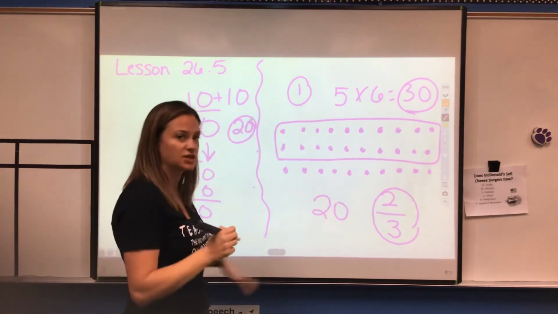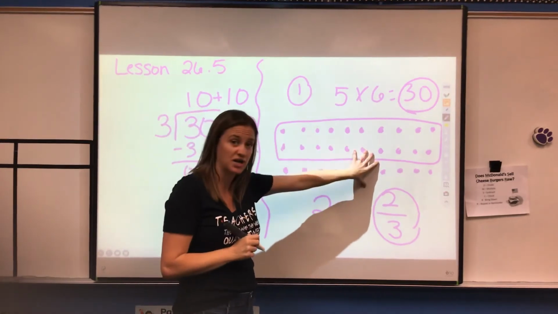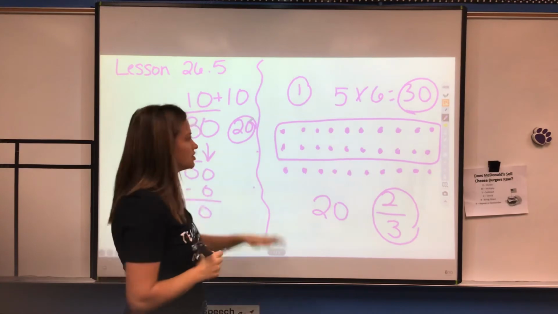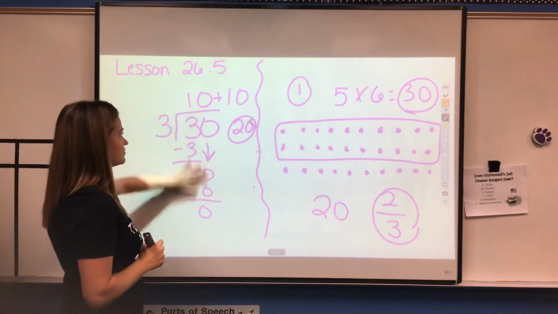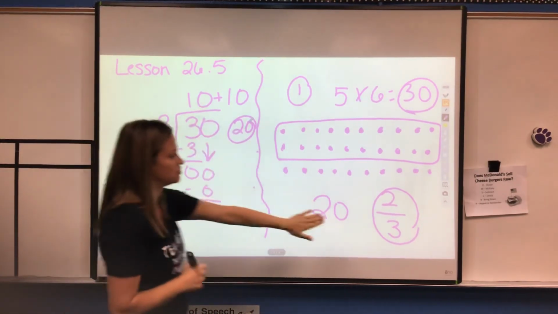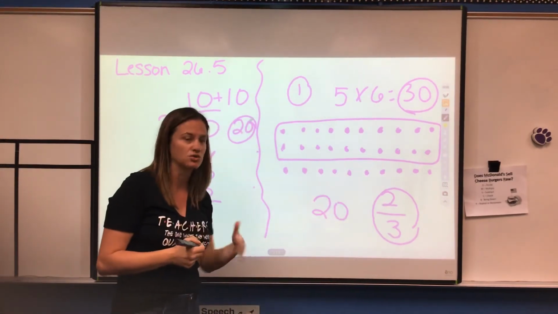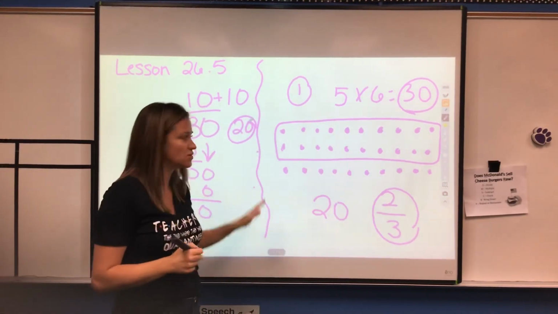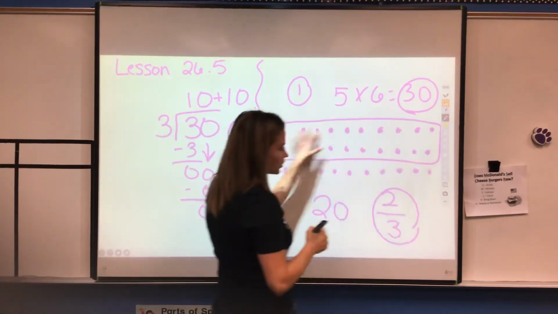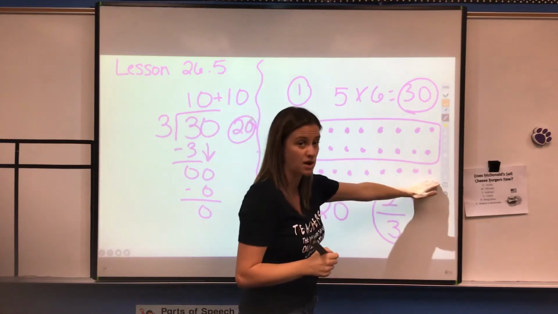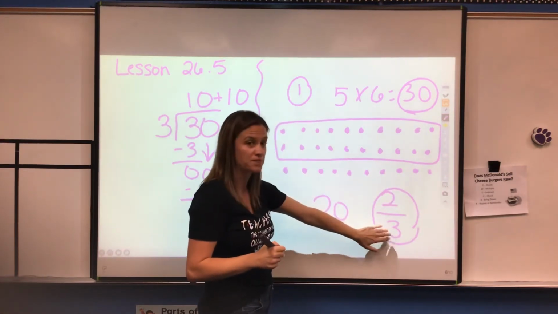Okay? It's a little bit easier to make the array as you saw and just do 2/3. But if you're quick on division and you're like, nope, I know that I have to divide it once and get my answer and multiply it or add it 2 times, you can do it that way too. So there's 2 different ways that you can do it. The array is really easy. You just have to make sure that you're spreading your array out correctly and that you're doing what the denominator says.